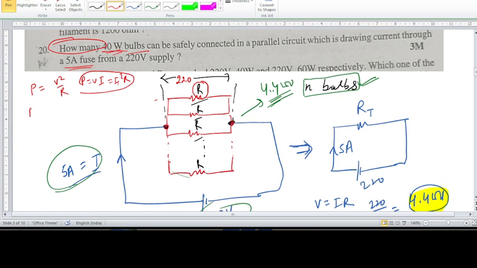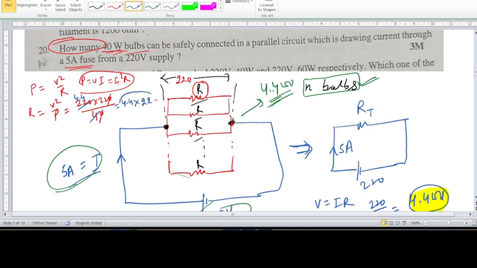So using this, we can calculate R is equal to V square by P, and V is 220 into 220 divided by 40. This will cancel out, and if I try to cancel, this will again be 4.4 into 22.